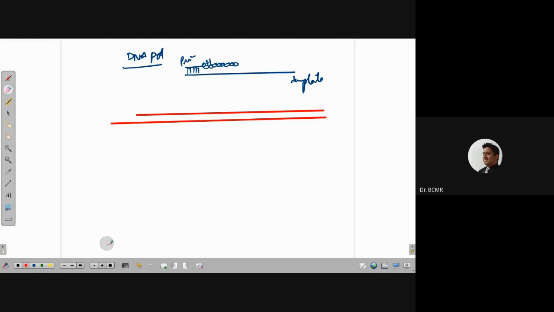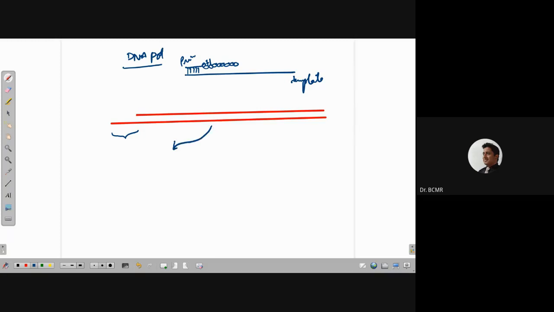Now we have a gap, and what to do with this gap? How to fill this gap? DNA polymerase cannot do it because there is no 3' OH, and so there is no way of doing that. So assume that these two are now undergoing a second round of replication.